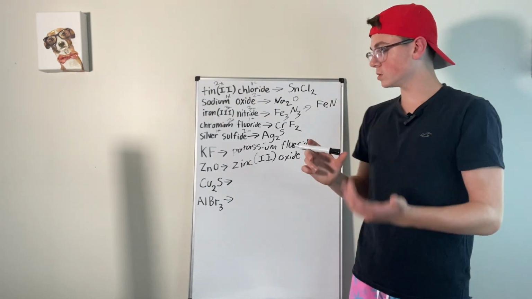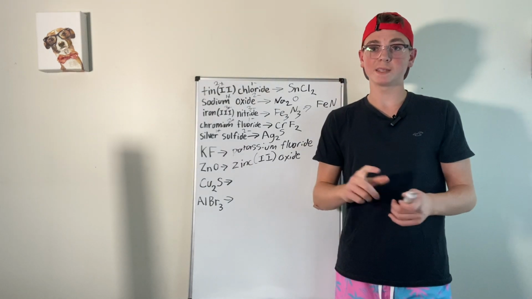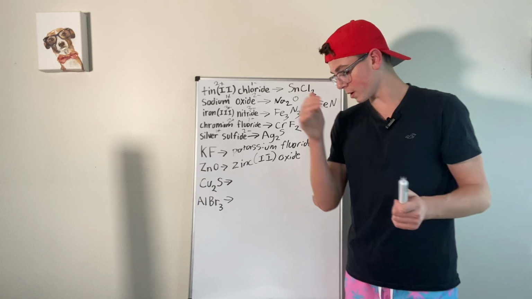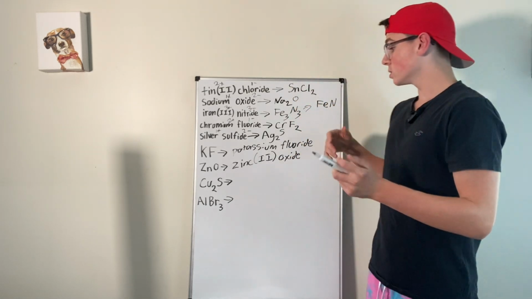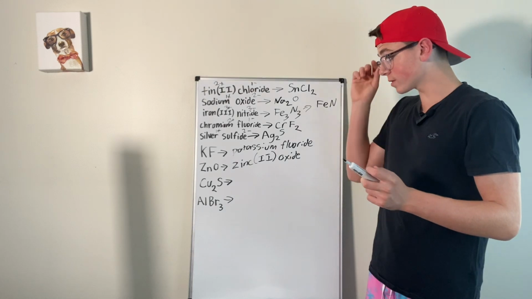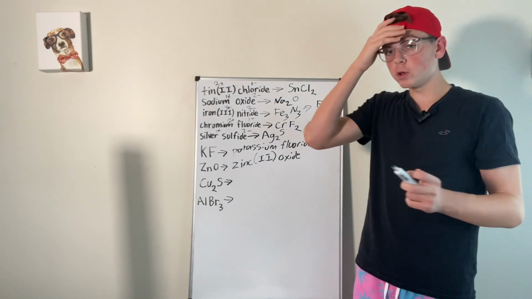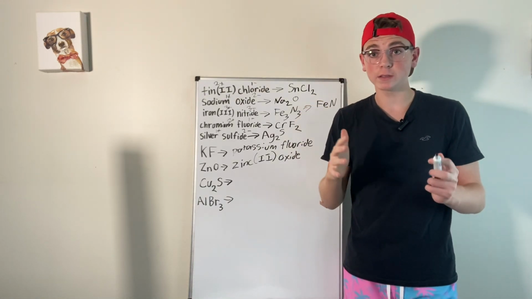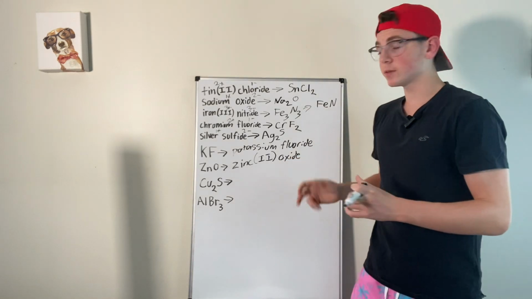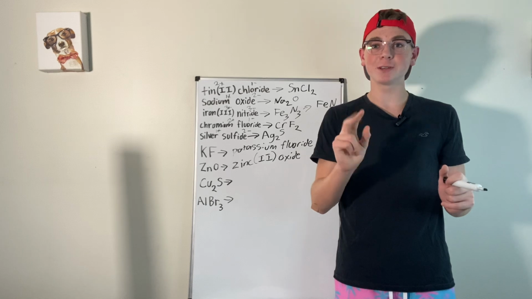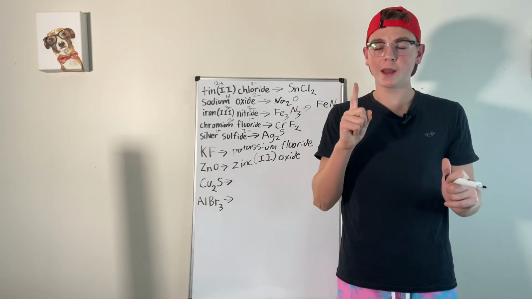Now, Cu2S. What is Cu? Cu is copper. Copper is a transition metal again. So, what do we have to look at? Well, if we look at this formula and try to find the charge of copper, we see that there's 2 coppers for 1 sulfur. Now, what does that say?